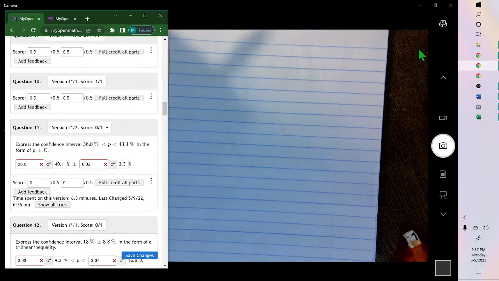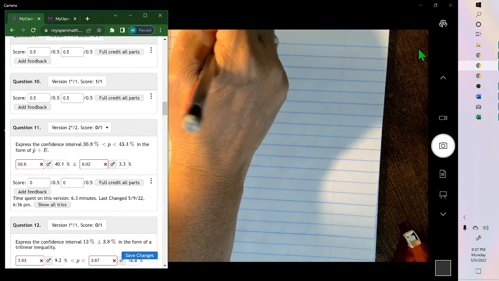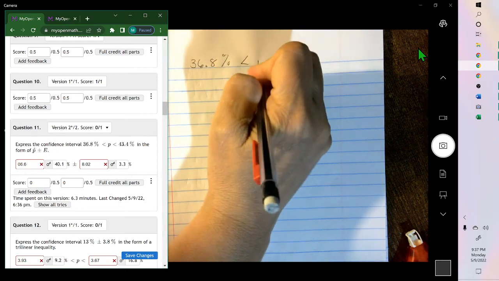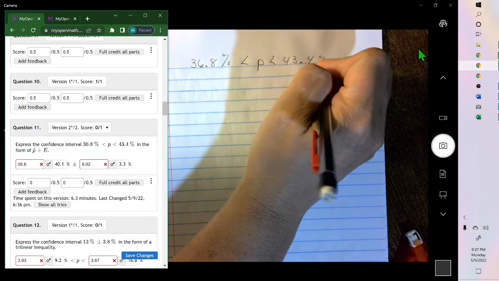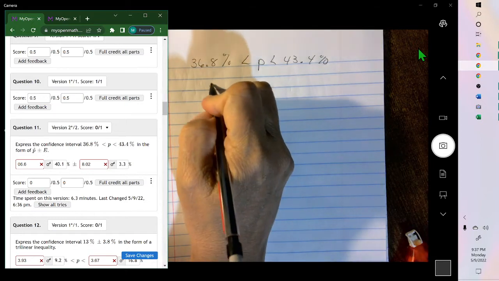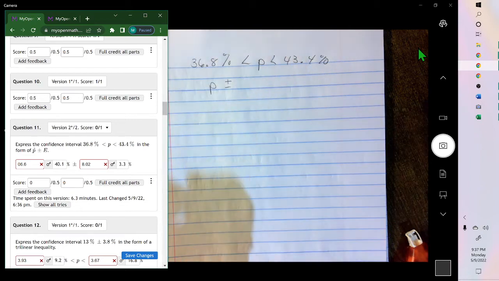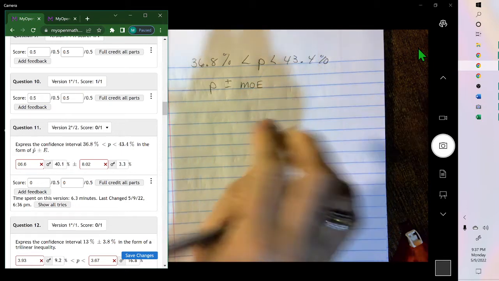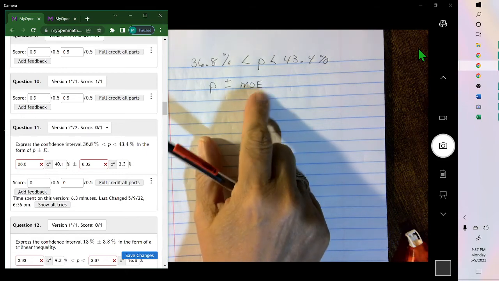So for number 11, express the confidence interval 36.8 less than P less than 43.4. And then they want the proportion plus or minus the margin of error.